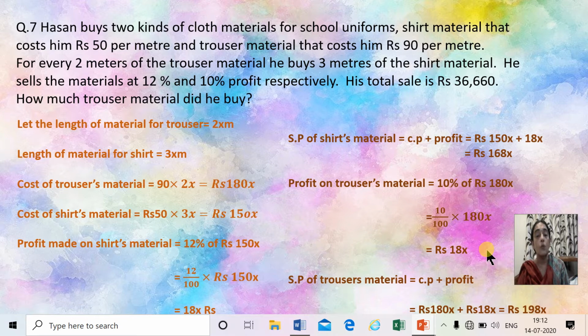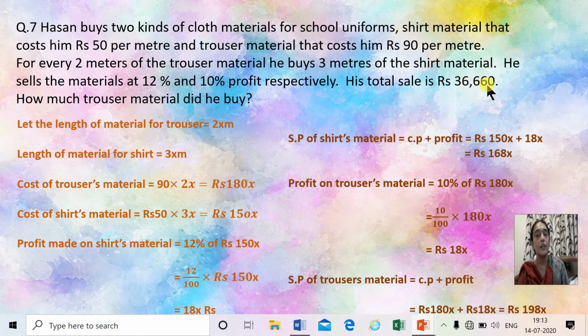Now the total selling price will be the selling price of the shirt material and the selling price of the trouser material. And you are also given the total selling price, which is equal to rupees 36,600.